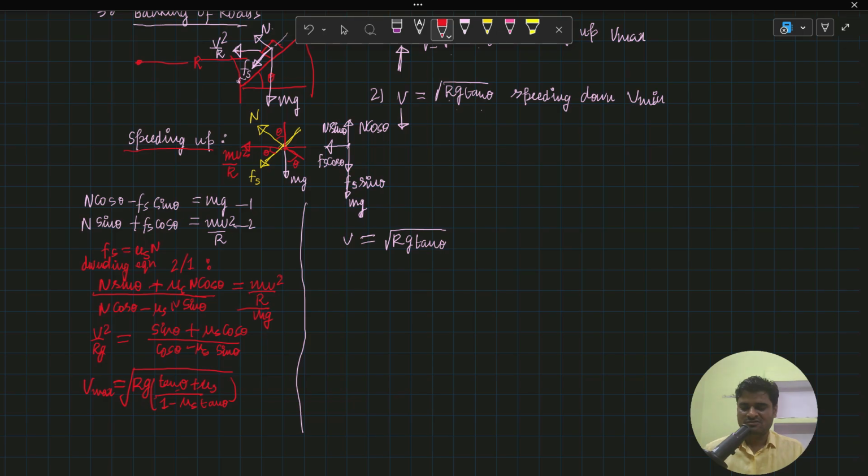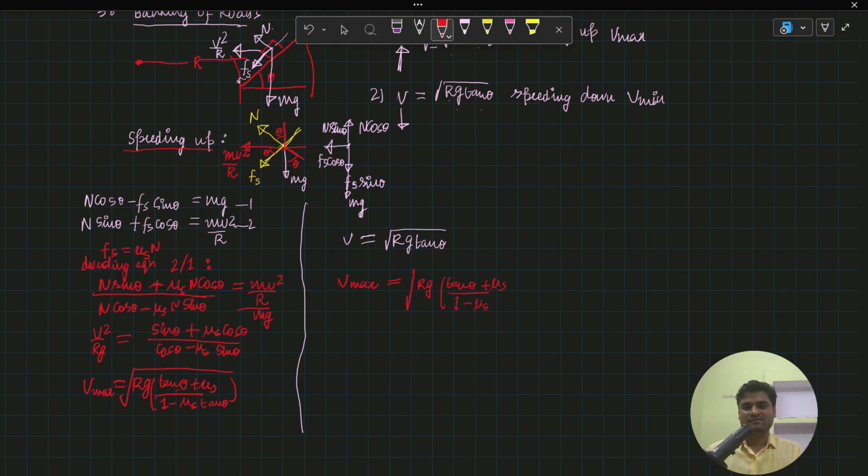So friction will start to act down the inclined plane or down the road. So we get that the maximum velocity because of friction that we can get on this road is root of rg, tan theta plus mu s divided by 1 minus mu s tan theta.